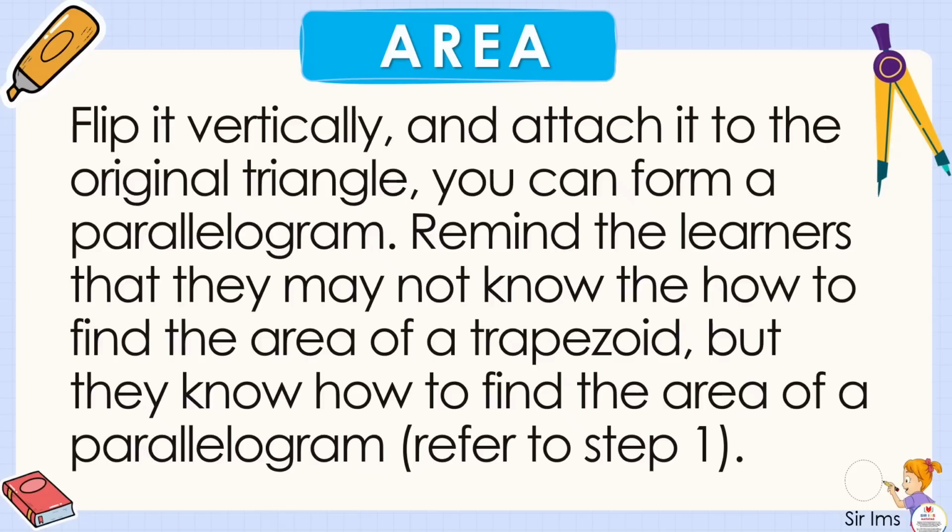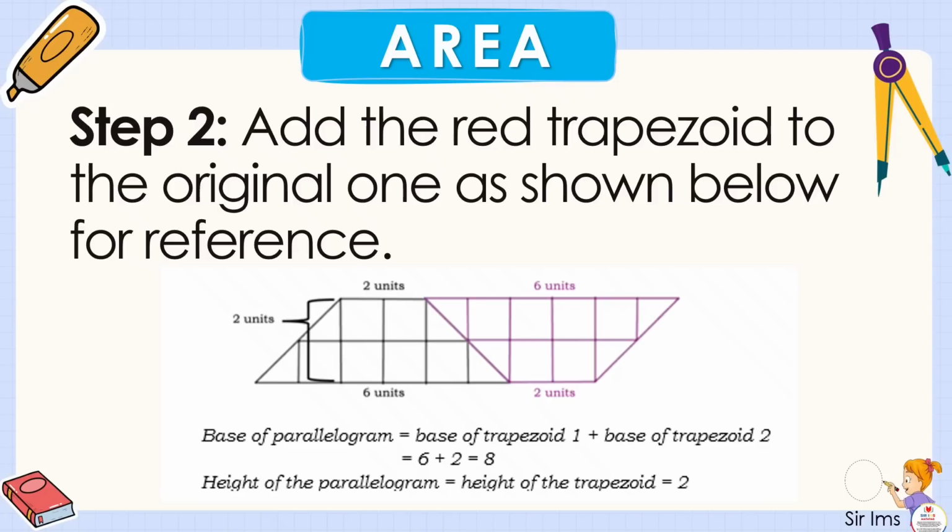So for step 2, add the red trapezoid to the original one as shown below for reference. Kapag binaliktad mo daw yung trapezoid, sabi flip. At kapag inattach mo siya, makakabuo tayo ng isang parallelogram. So we have here the base of the parallelogram is equal to base of trapezoid 1 plus base of trapezoid 2.